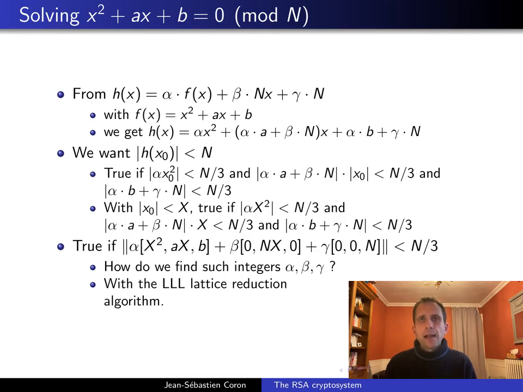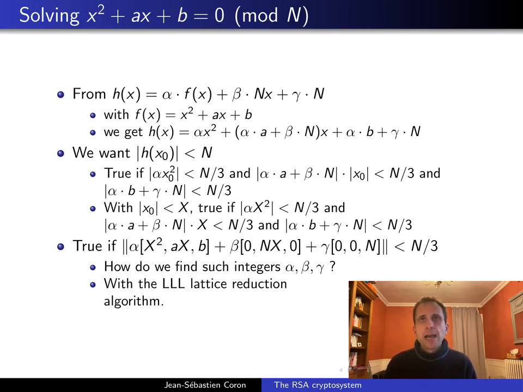And as I explained previously, we want the absolute value of h of x0 to be strictly less than the RSA modulus n. And actually, this is going to be true if each of the three monomials in h, when evaluated at x0, is strictly less in absolute value than n over 3. So in that case, the sum will be strictly less than n.